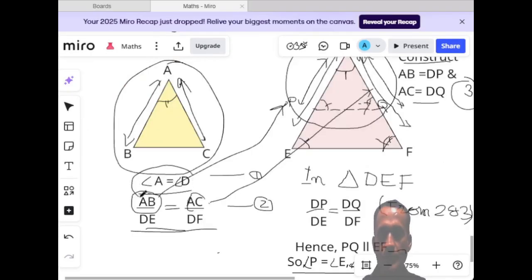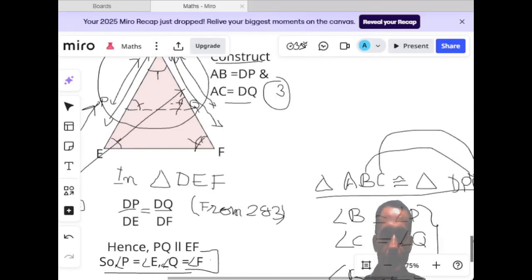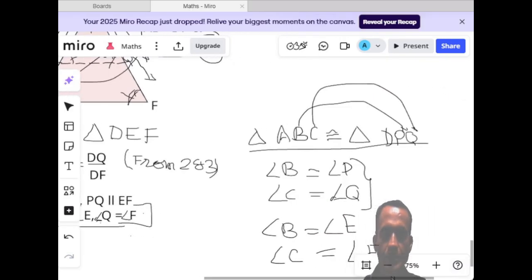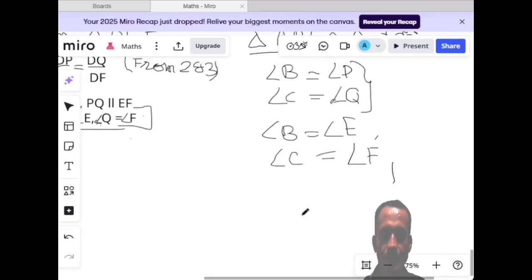So angle A is already given equal to angle D, and B is equal to E, C is equal to F. So in triangles ABC and DEF, the corresponding angles are equal.